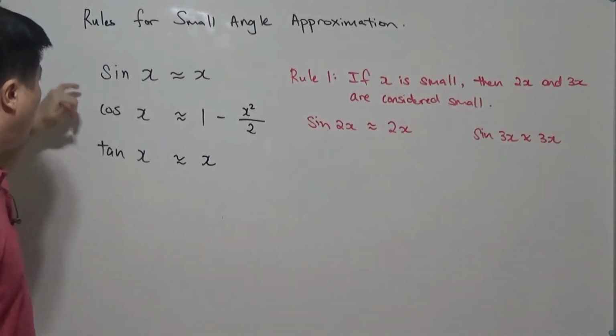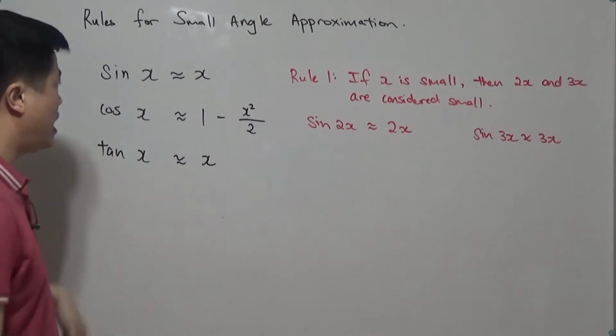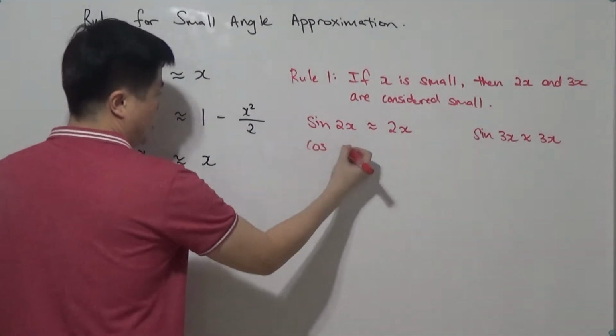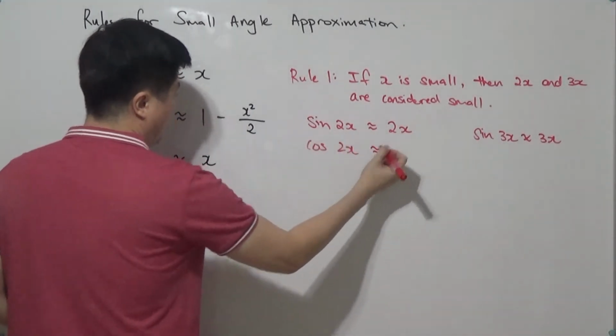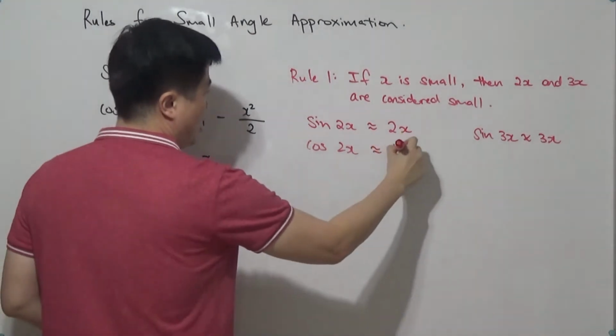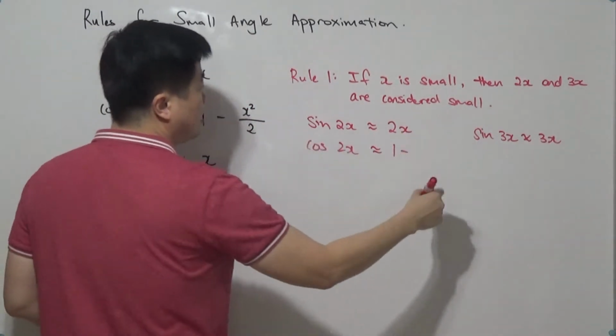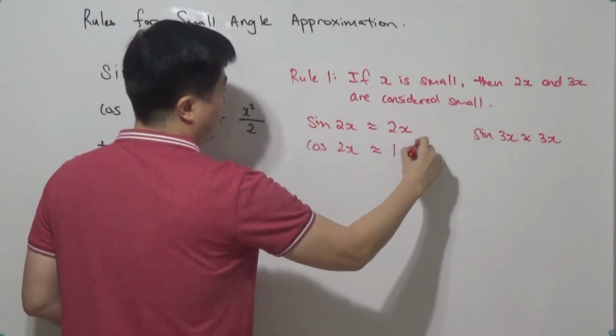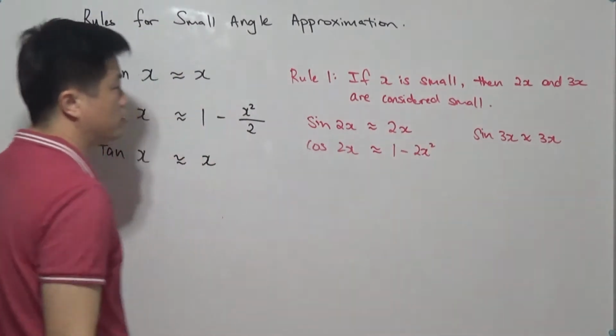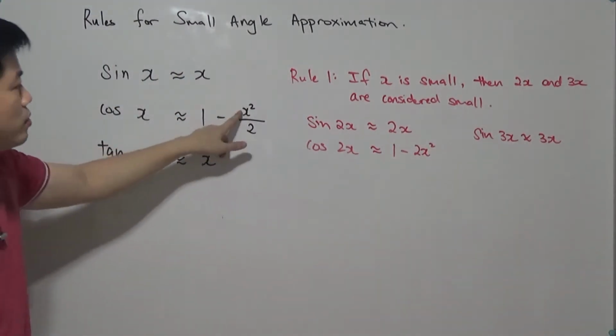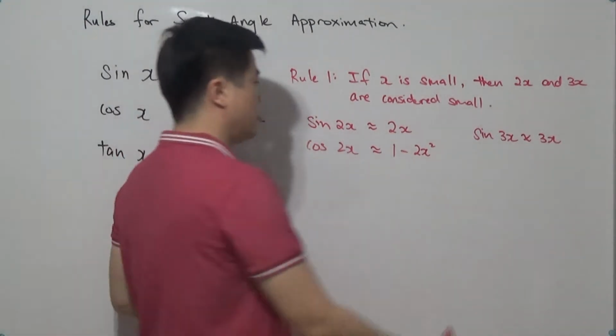Now for cosine, as you can see from the pattern, cosine 2x will be approximately equal to 1 minus, where we replace the x with 2x, which gives 4x squared divided by 2, which is 2x squared. So it's 1 minus 2x squared.